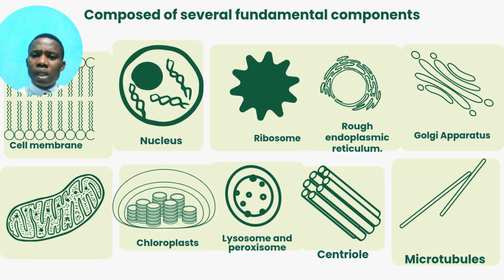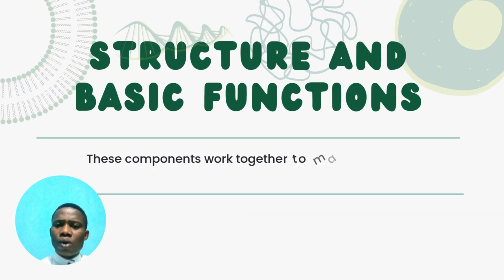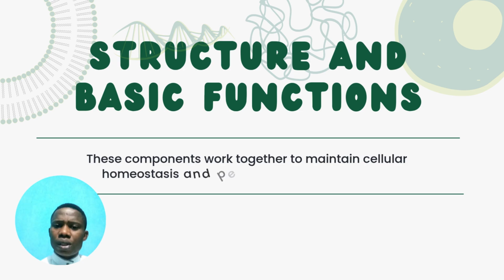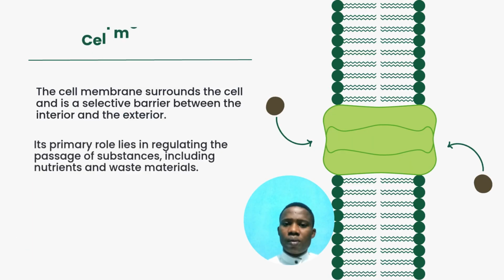All these components are found in either plants or animals. Let's look at the structure and the basic functions of some of these components. Some of these basic components work together to maintain cellular homeostasis and perform essential life activities.